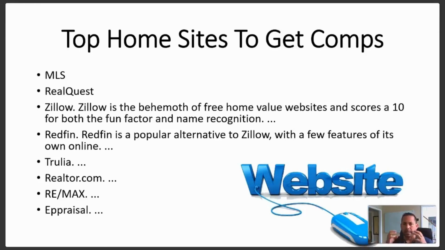An appraiser's pulling good data, and it's clean and very processed. Redfin.com is a popular alternative. Trulia, Realtor.com, Remax, eAppraisal. There are a lot of great websites out there that will help to make that happen.